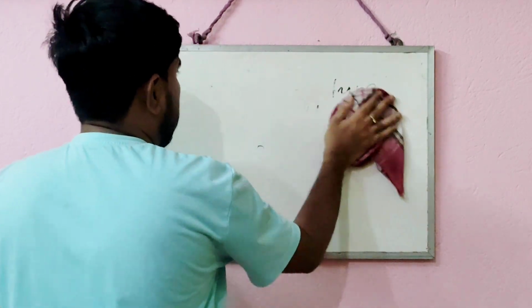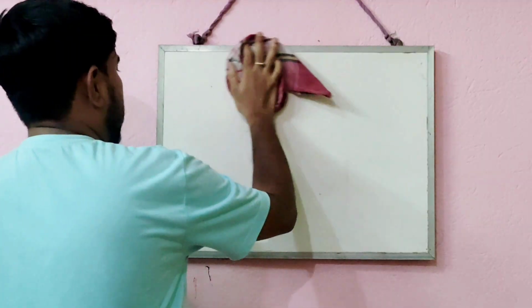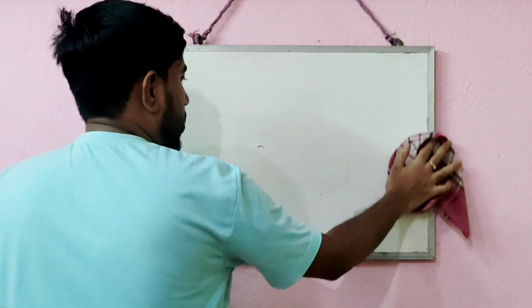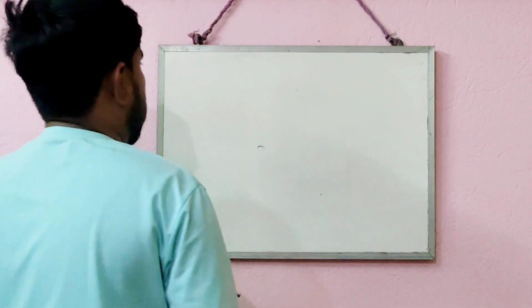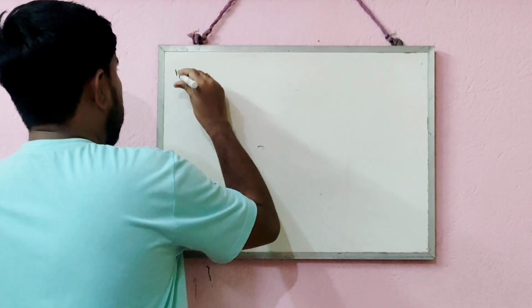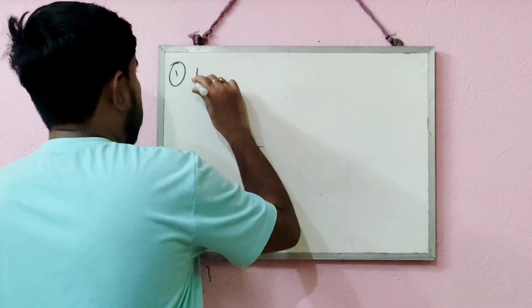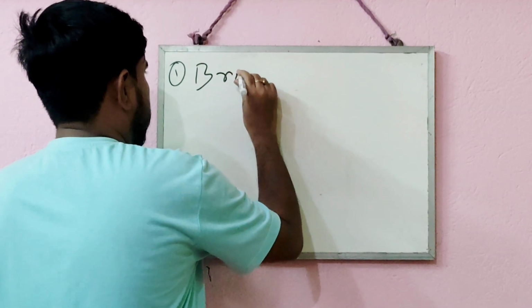Today I am going to discuss the individual classes of anti-asthma drugs that I have already discussed in the last class. So now today we are going to discuss the individual drugs. The first classification we have studied is bronchodilator.